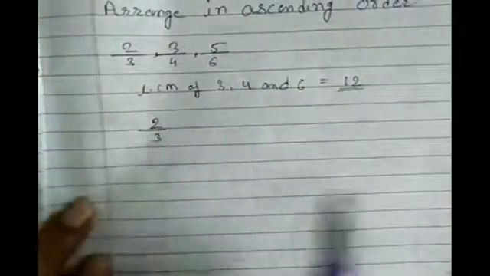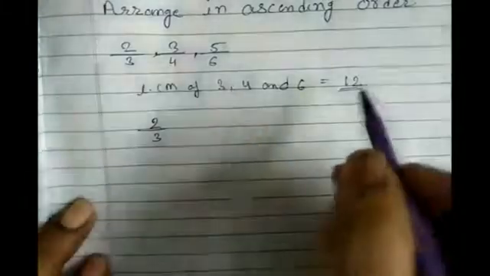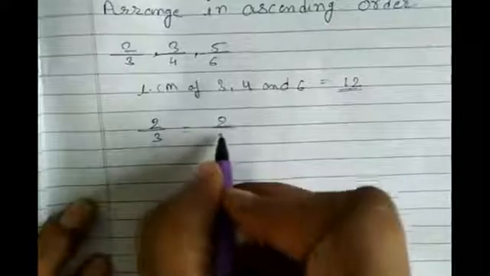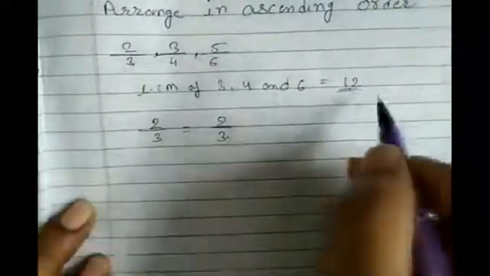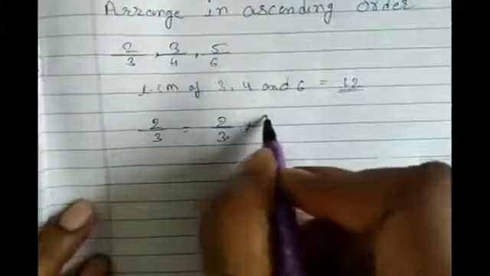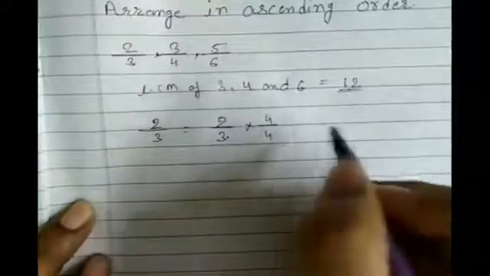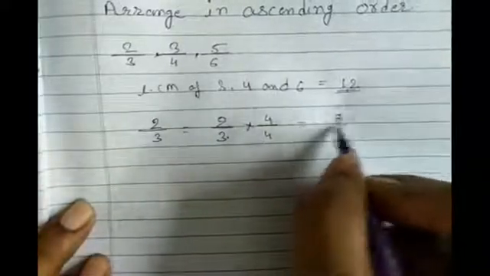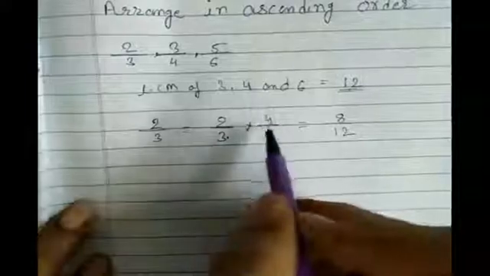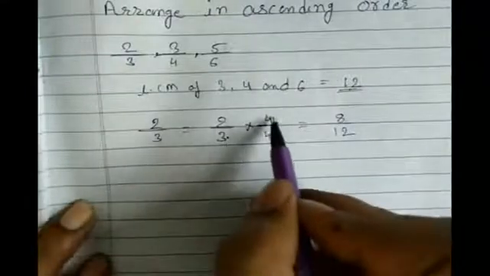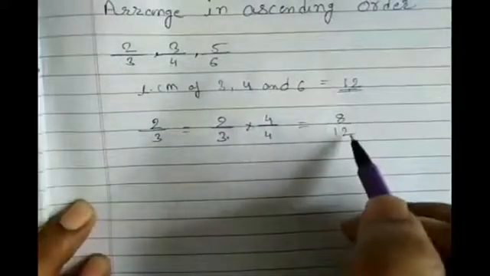Now write the first fraction, 2 upon 3. Now our LCM is 12. So by which number can we multiply 3 to get 12? The number is 4. So we multiply 2 upon 3 with 4 upon 4. So we get 8 upon 12.